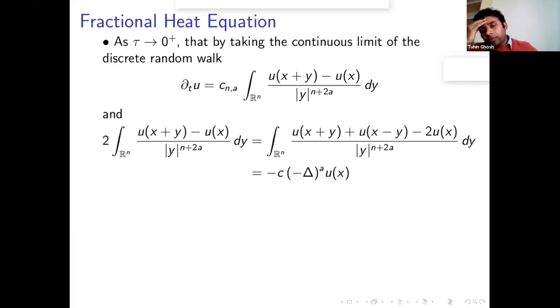So you don't need to take care of the principal value. You can just directly write down this integral. That integral makes sense, and it gives you this fractional Laplacian.